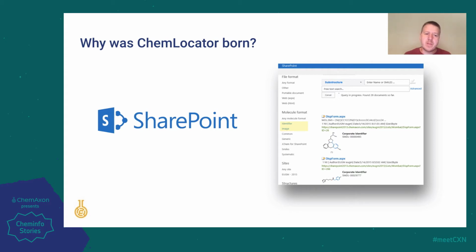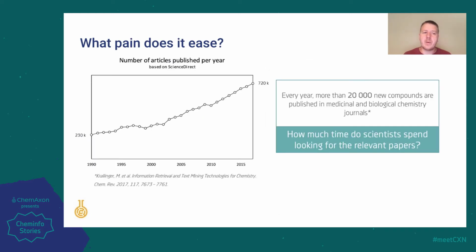However, it's very advanced, it's also very useful, but it's also very hard to use and maintain and operate. That's why we decided to move away from SharePoint and provide the popular feature of SharePoint, which was the chemical searching, in a standalone application. And that is how ChemLocator was born.